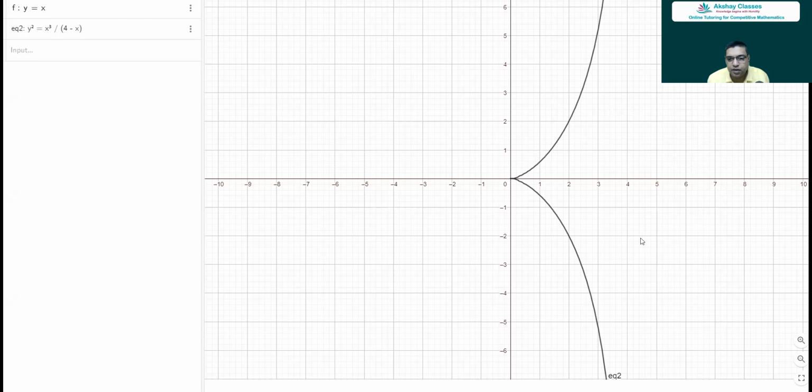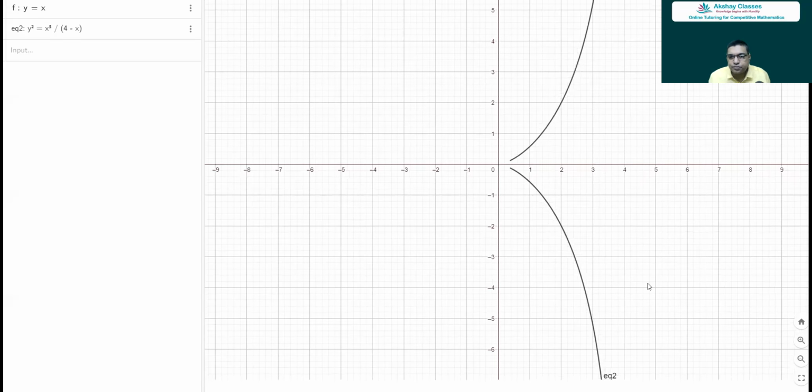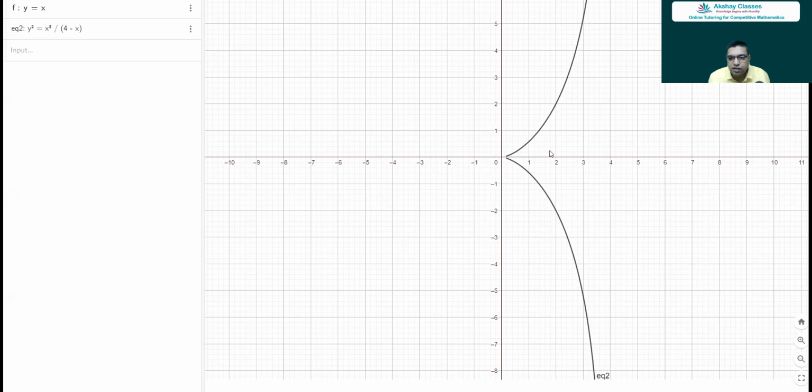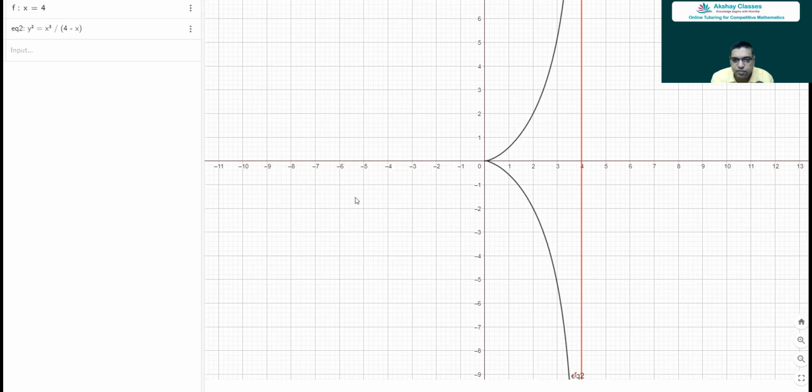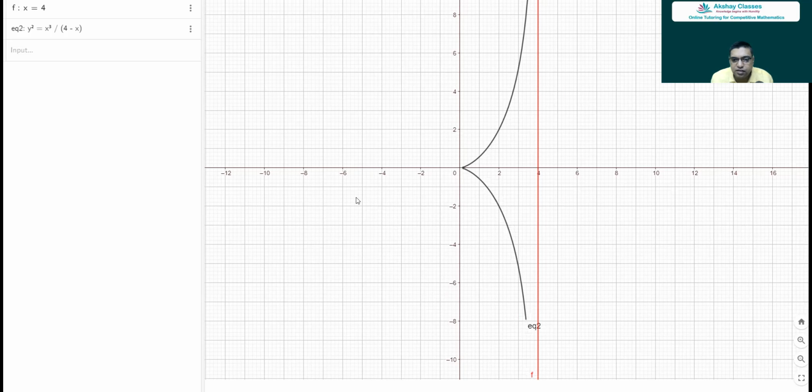And I will draw the line x equal to 4. So we got this equation.